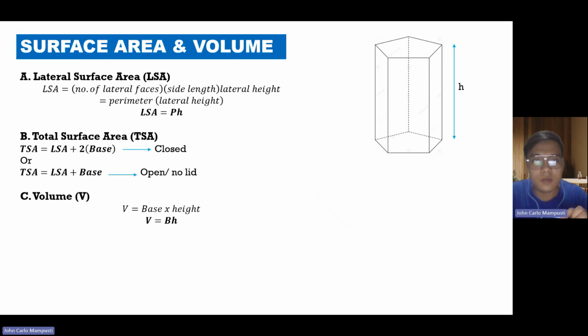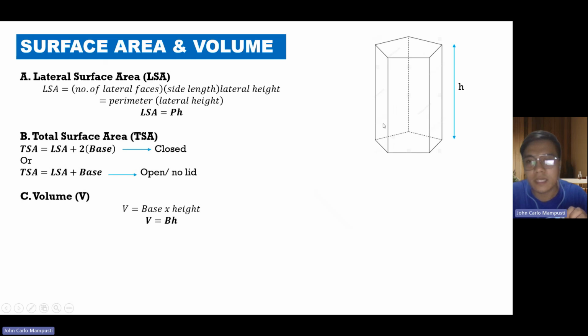So let's discuss kung ano yung mga different formulas natin. For letter A, we have the lateral surface area or the LSA. For the LSA, we have the number of lateral faces. You have a figure over here wherein yung bases niya is pentagon. So yung lateral faces niya is this one.